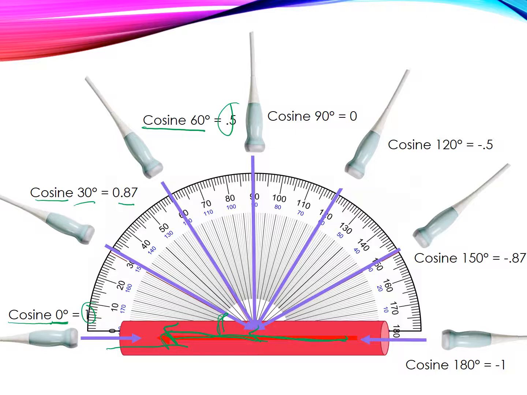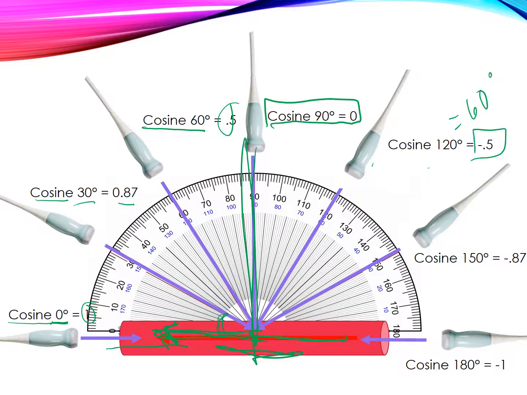As we flip our transducer around and get to that perpendicular inclination, put that 0 into the equation, the whole equation kind of breaks down and gives us a 0 Doppler shift. We just can't do the math on that. Same is true then as we start to come from a different side. We can see cosine of 120, which is the same as 60, just on the negative side. The blood is still traveling right to left, which is now moving away from this transducer.